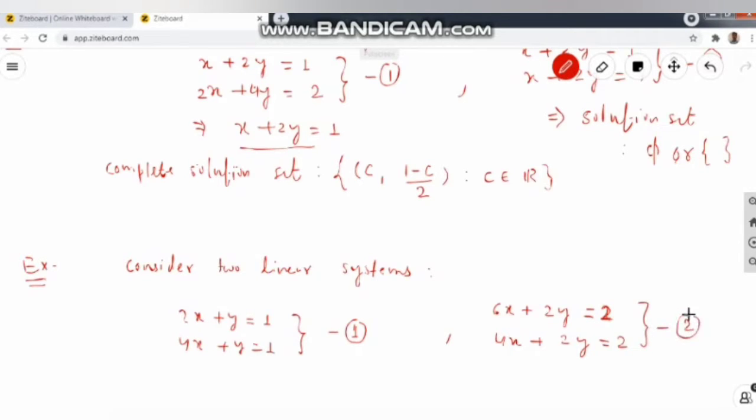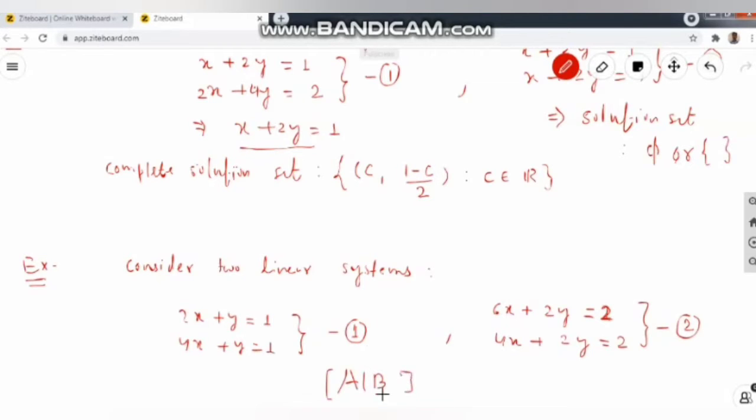So what we can see here is that both systems look very different, right? Because a system of linear equations is just determined by the coefficient matrix and that b, or simply we can say that a system of linear equations is just determined by this augmented matrix.